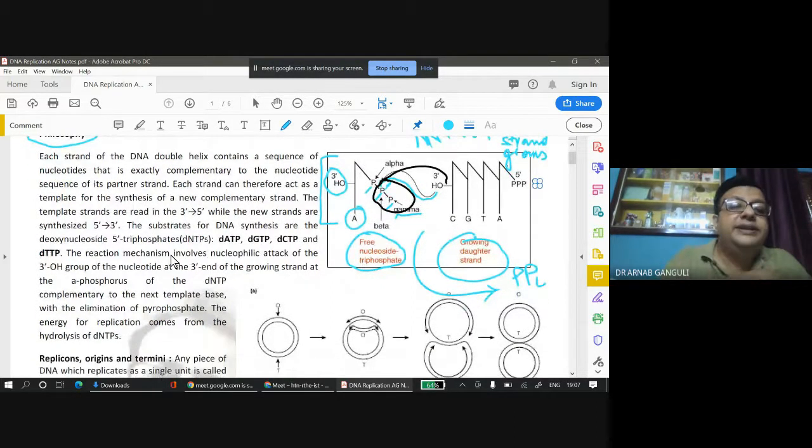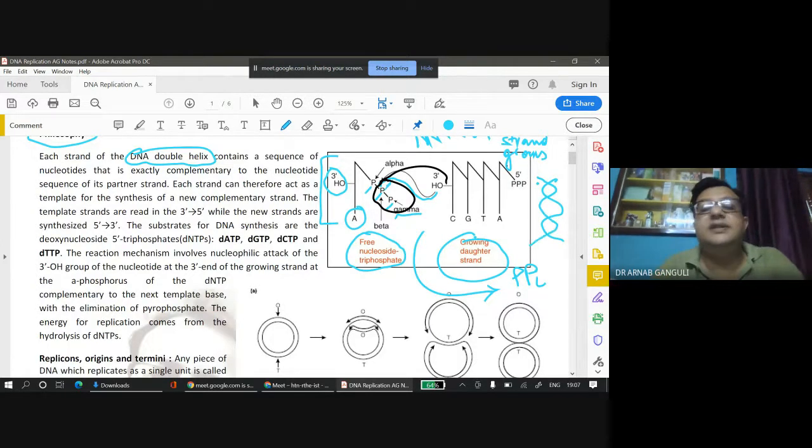We know that each strand of the DNA double helix, this is the DNA double helix, has got a sequence of nucleotides that is exactly complementary to the nucleotide sequence of its partner strand.